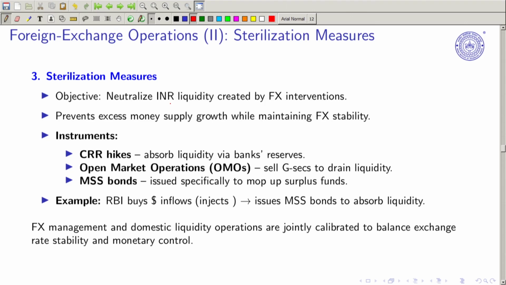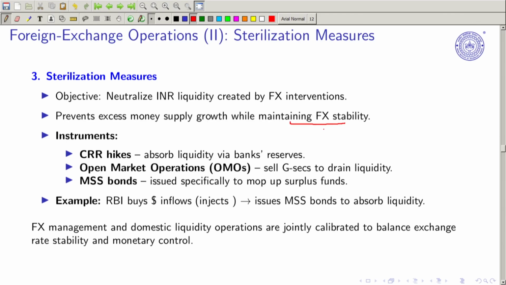To neutralize INR liquidity: since I am mentioning the word sterilization quite frequently, let us understand what neutralization means. Neutralization means that whatever excess liquidity or excess amount of money is available in the banking system, if it remains there, it will create inflation, because MV is equal to PT, we know already.